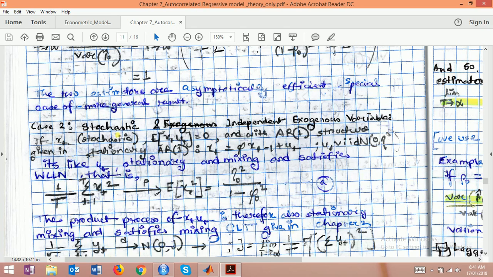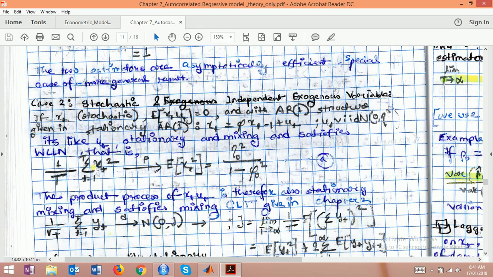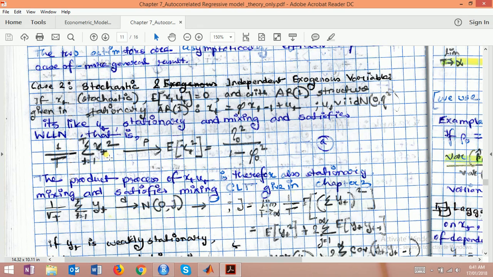Indeed, because x is exogenous and stochastic, it is changing, and with the AR1 structure given in a stationary AR1 process, xt is equal to phi xt minus 1 plus ut, where ut is IID with 0 mean and eta square variance. It's similar to ut being stationary. Ut is stationary here and mixing, and satisfies the weak law of large numbers, which is the mean of the summation of the x square, the exogenous variable square.